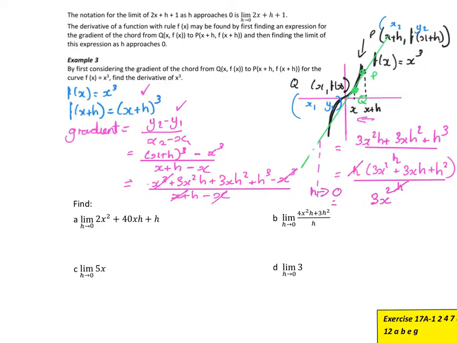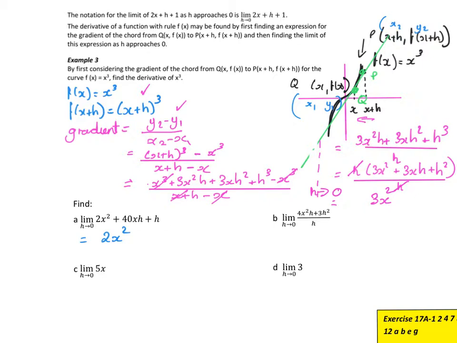So you should always factorise first if you can. So if you're looking at this one, 2x squared plus 40xh plus h, is there anything common to that whole expression? And the answer is no. So now is the time that you can let h approach 0 or h equal to 0, and you are quite simply left with 2x squared, because plus 0 plus 0.